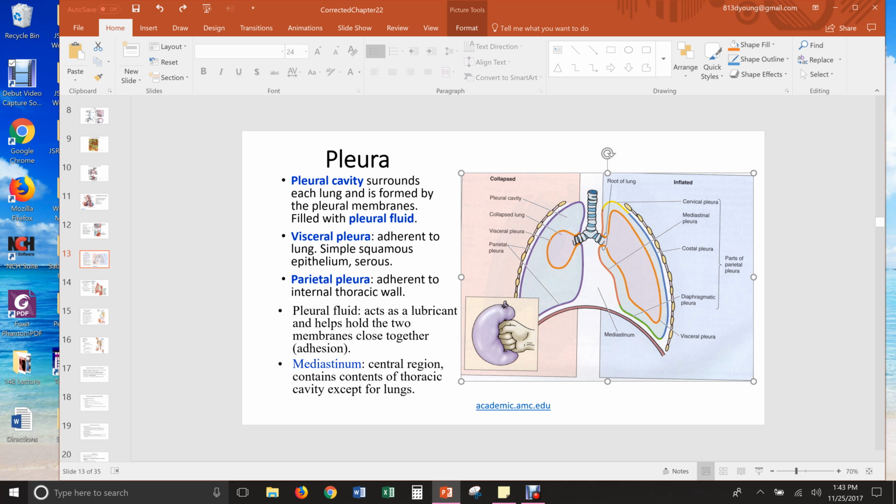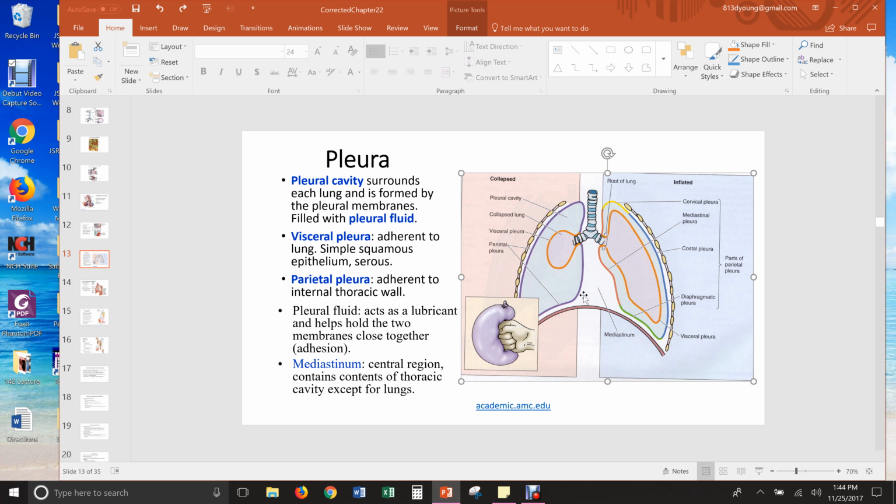In between is going to be our pleural fluid. The fluid that is surrounding the lungs as a whole is like a lubricant. It helps to keep the lungs from actually sliding against the cavities as we breathe.